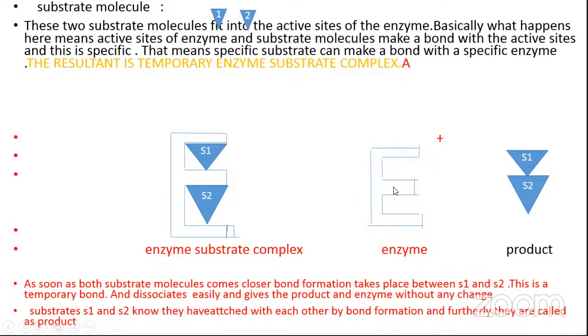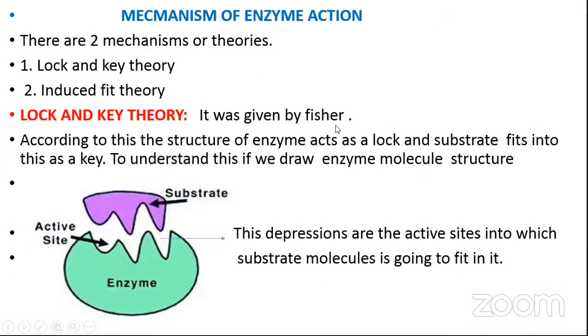And by undergoing further reactions, the enzyme comes out as it is without undergoing any change, resulting in the end product. And this end product is the final product of the association of two substrate molecules. So this whole thing was explained by Fischer, and that theory is called the lock and key theory.